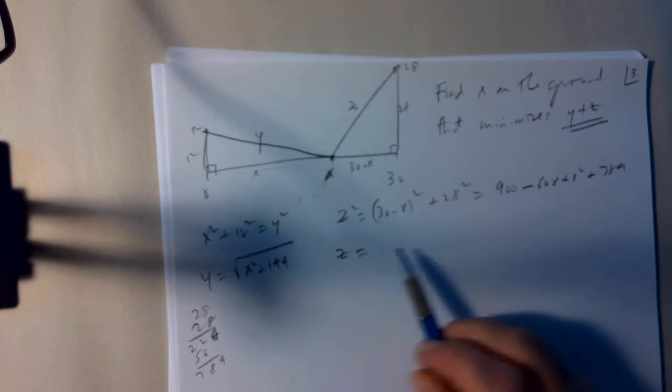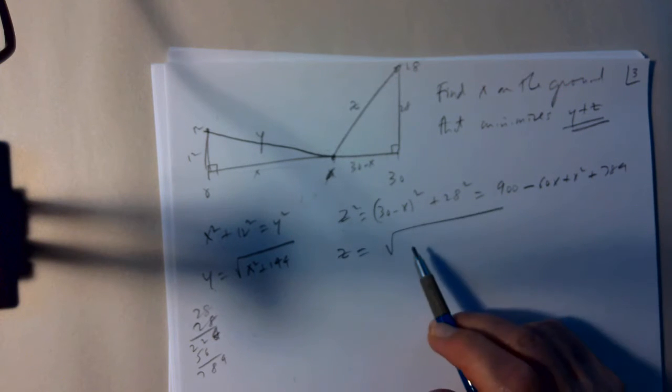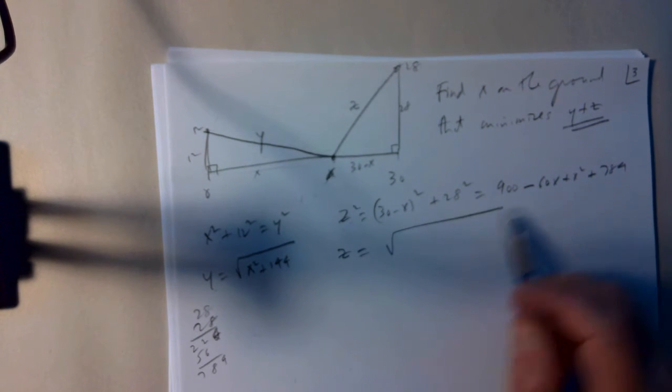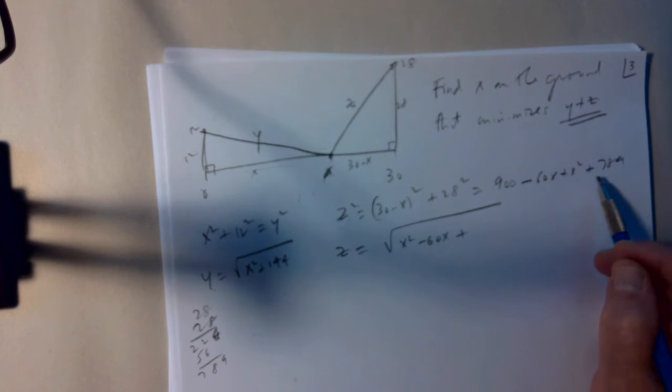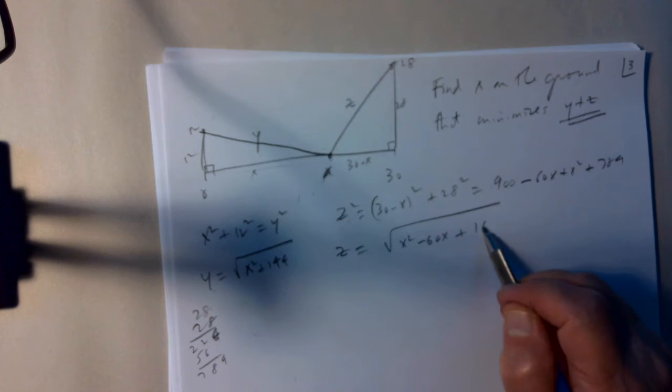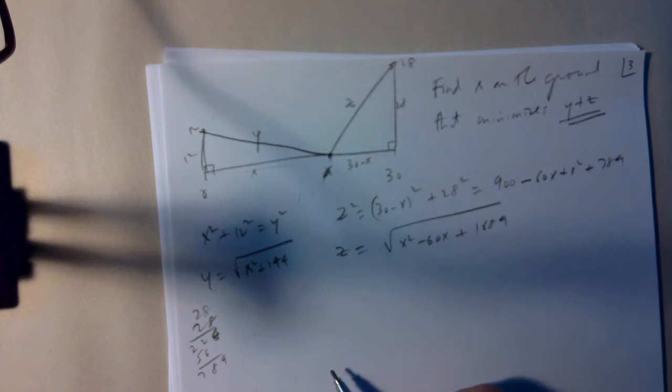So z is the square root of this quantity. This is x squared minus 60x, and 900 plus 784 is 1684.